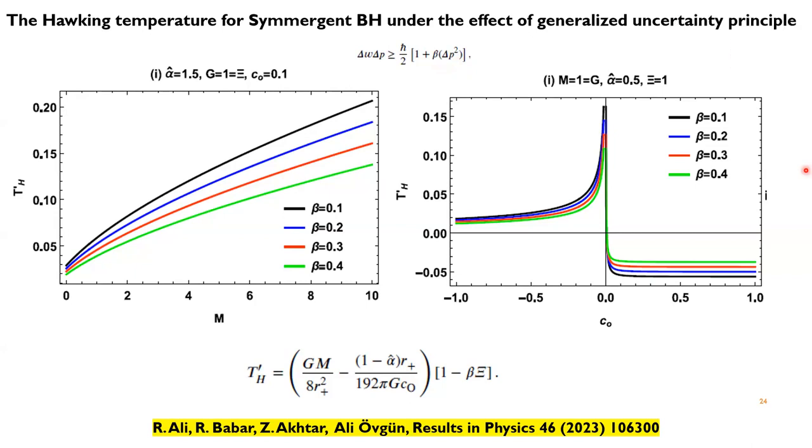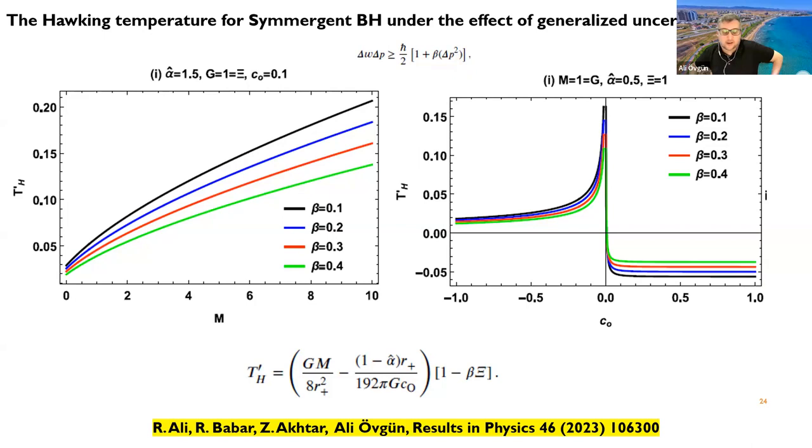But what's the physics of this term? Yes, this beta gives you some minimal length of the theory. I suggest you check the literature for it, because it is a very long topic.